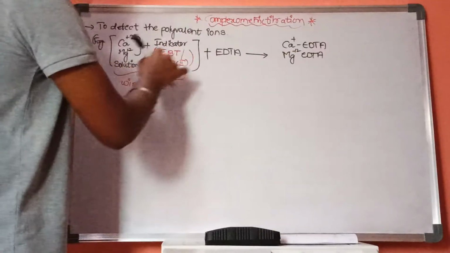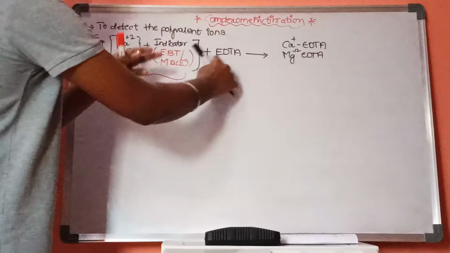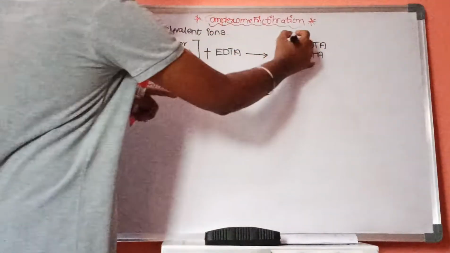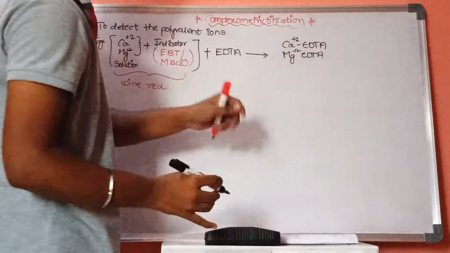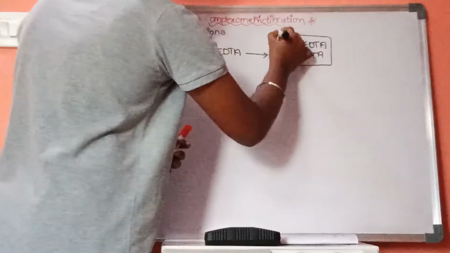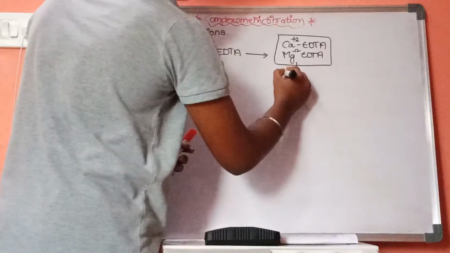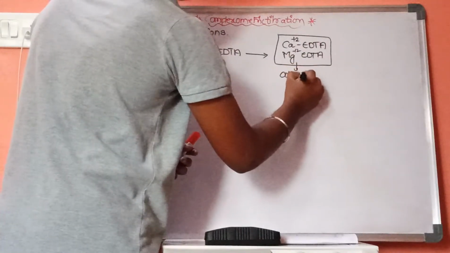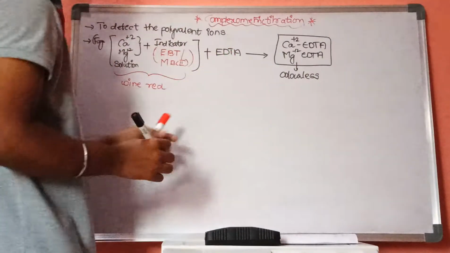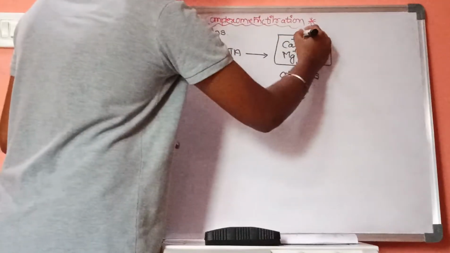This whole complex will react with EDTA solution and result in the formation of calcium EDTA and magnesium EDTA. Now this entire complex is colorless, and it is also called chelate.